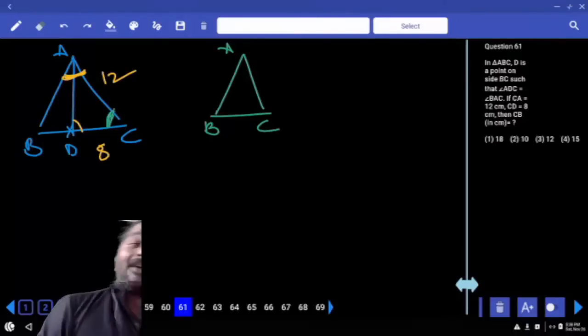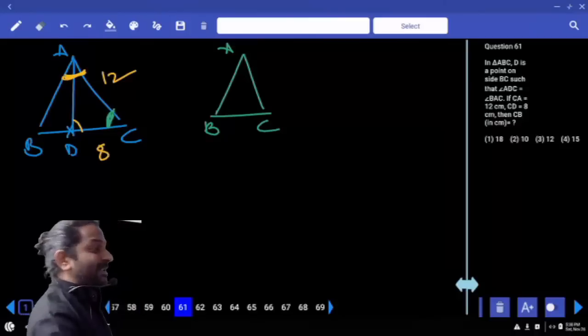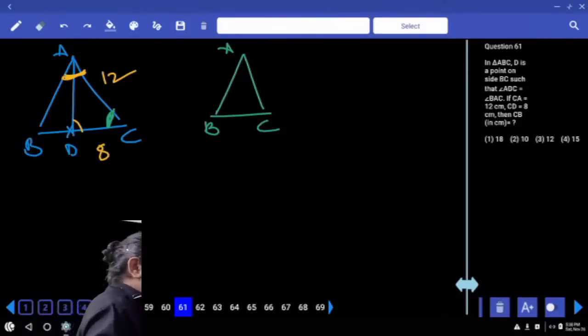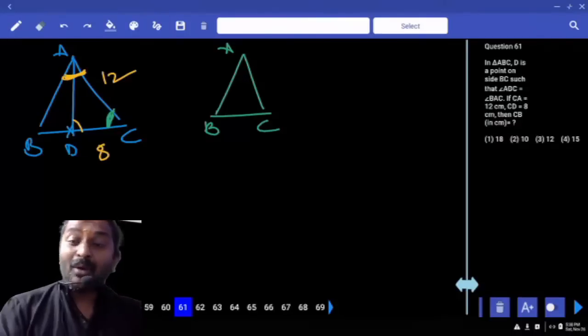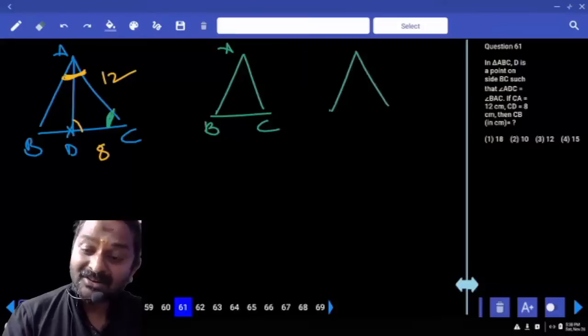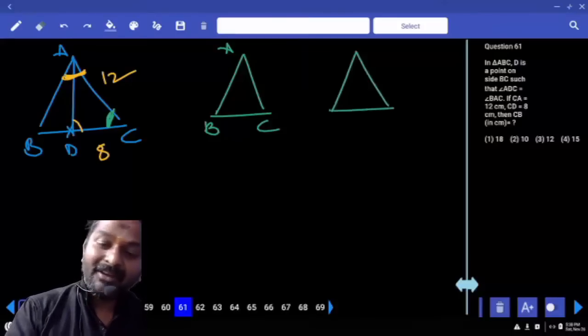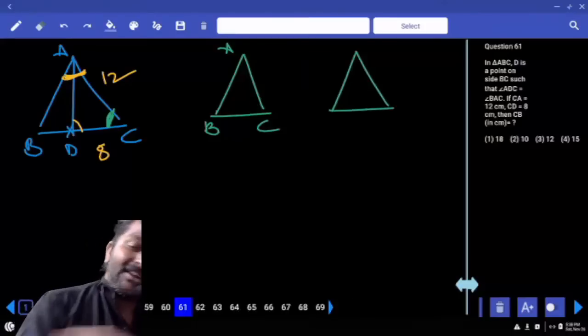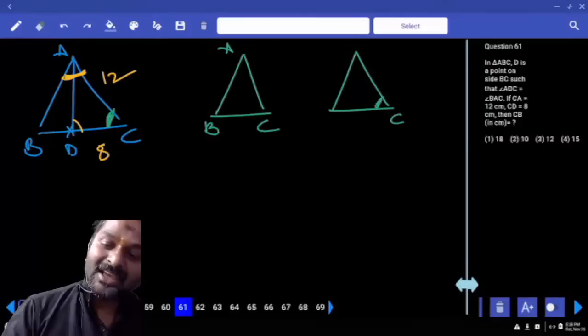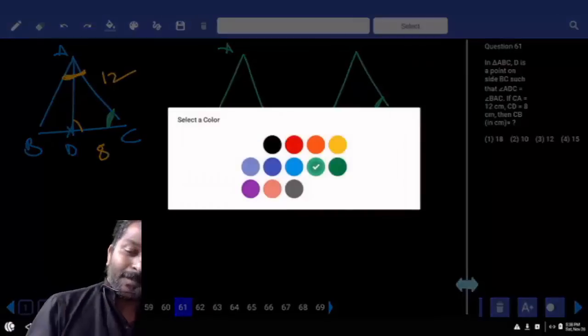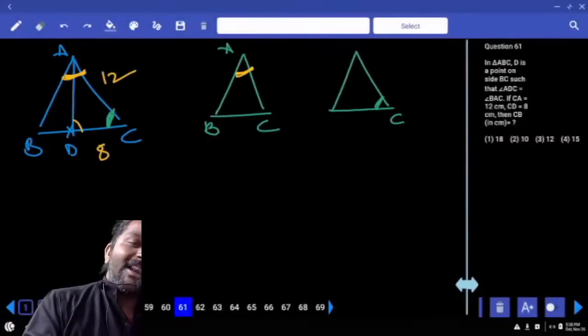Angle C is common for triangle ABC and triangle ADC. Agreed? So now I would like to draw another triangle here where angle C is here. So I'll also take angle C here. Is that okay? Now here it is angle A.